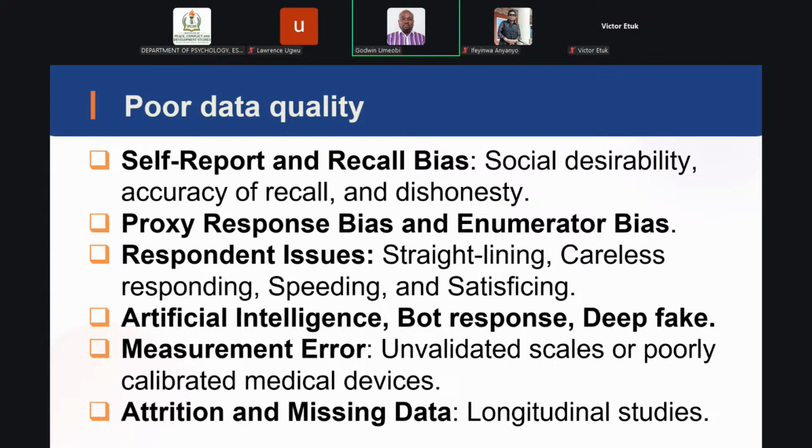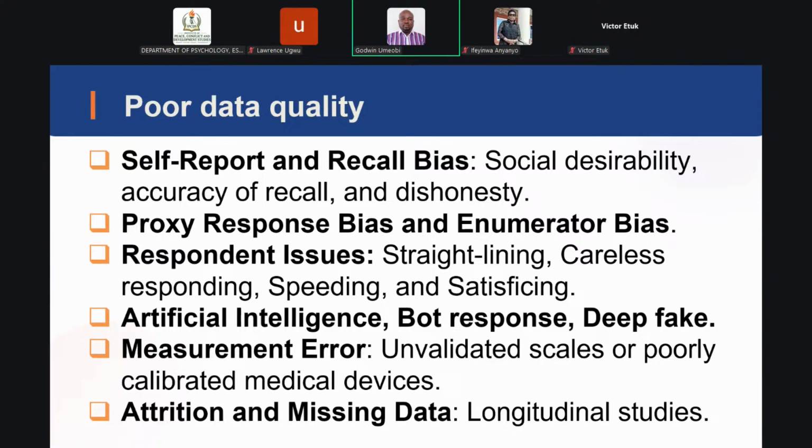People may not recall well what exactly happened. Elizabeth Loftus was the primary person on this. Here we have proxy response, from others who collect data from people who are not able to read or write.